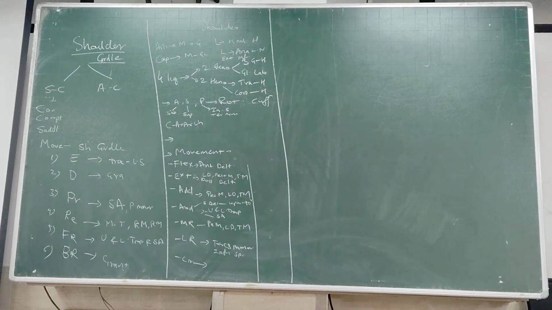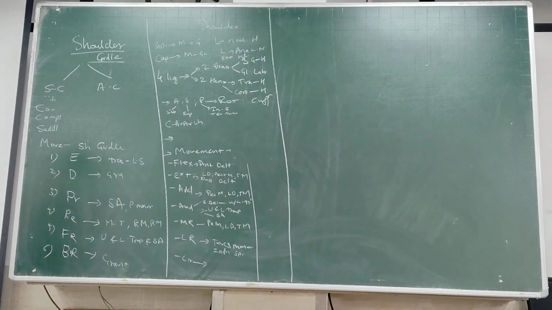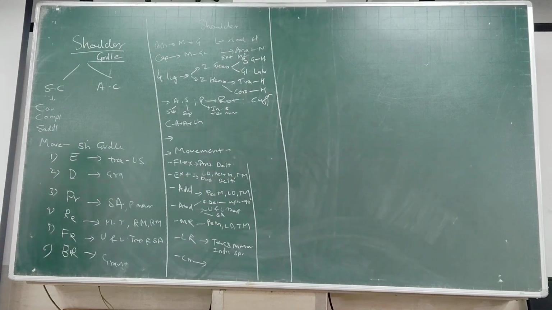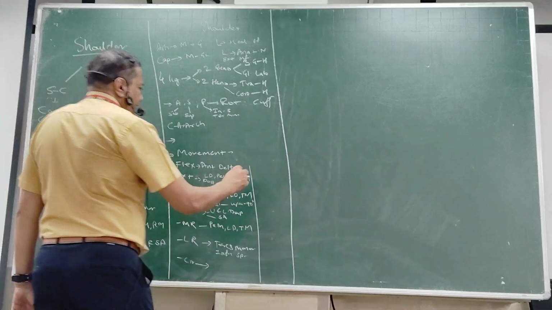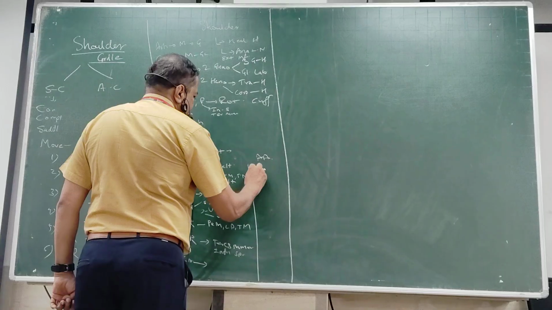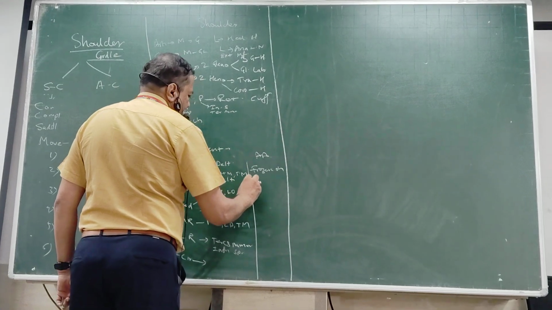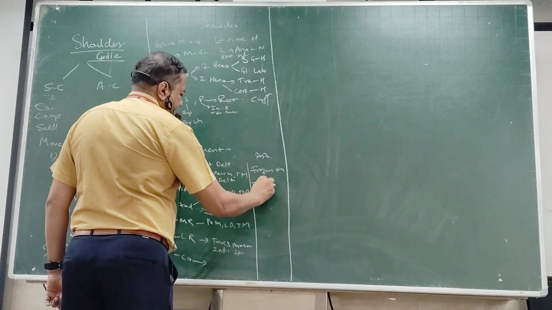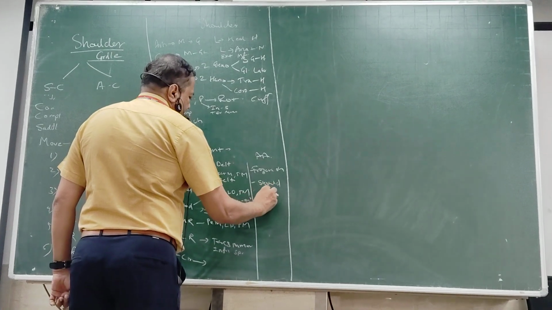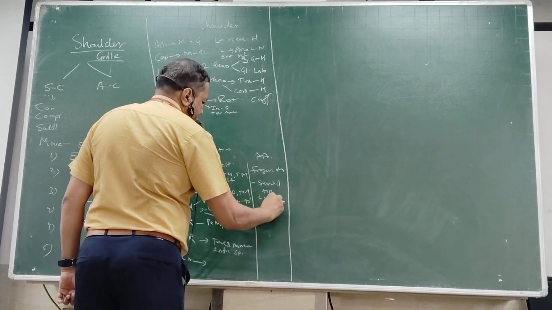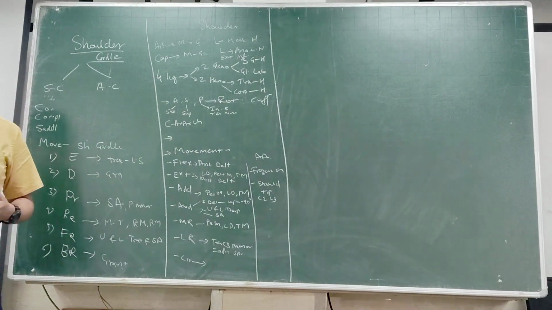In applied anatomy, we write frozen shoulder. Then shoulder tip pain. Shoulder tip is supplied by C2, C3, and the diaphragm is also supplied by C2, C3.